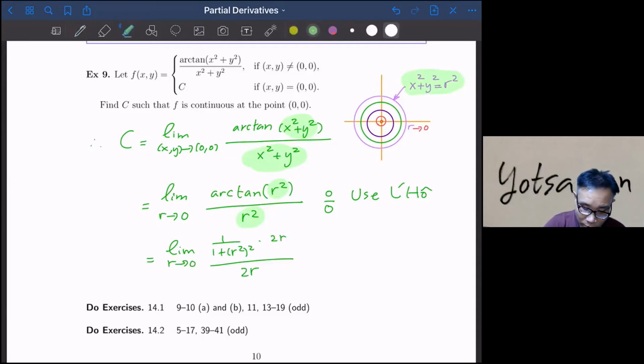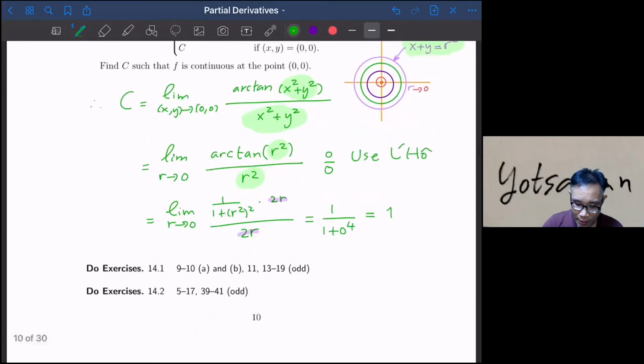The 2r and 2r cancel, so you get 1 over 1 plus r to the fourth. That is 1 over 1 plus 0 to the fourth, which equals 1. So we have c equal to 1 in order for the function f to be continuous at (0,0). This is how we find this limit.